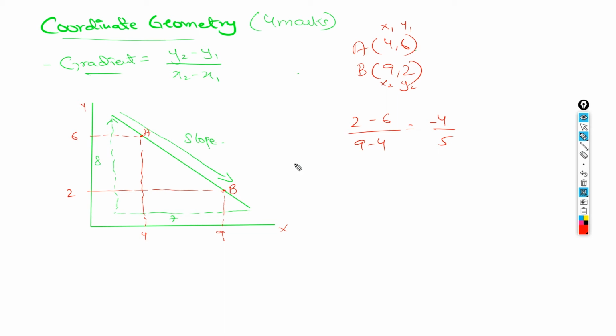Now notice something over here. The answer that we're getting is negative, negative 4 over 5. There is a reason behind this. If you notice, this line is coming down. There is a downward sloping curve. So whenever you have a downward sloping curve, your m or your gradient will always be negative.